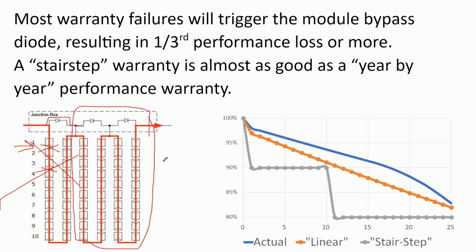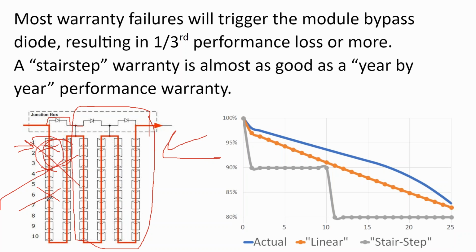That can not necessarily be a huge benefit because, just like one cell failing has impacts on the rest of the panel, one panel failing in the circuit can have impacts on the other panels in the circuit.